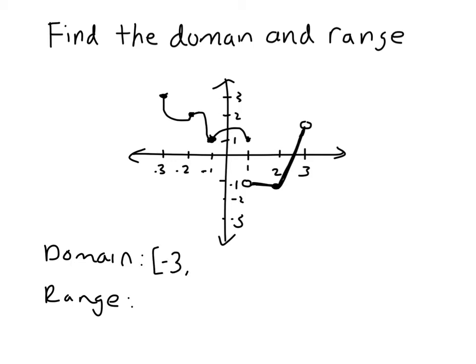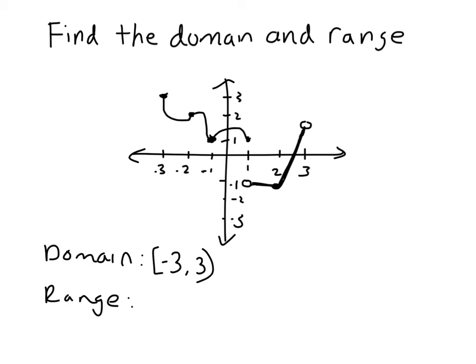And then if I were to go over on the other side as I continue going, the highest x ever becomes is +3. And it doesn't include +3 because there's an open circle there. So this would be +3, and there'd be a soft parenthesis. Okay, so now let's do one more thing about the domain.